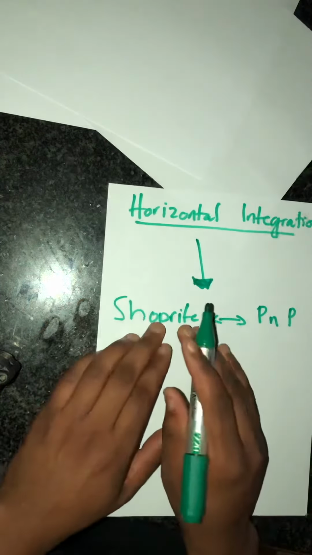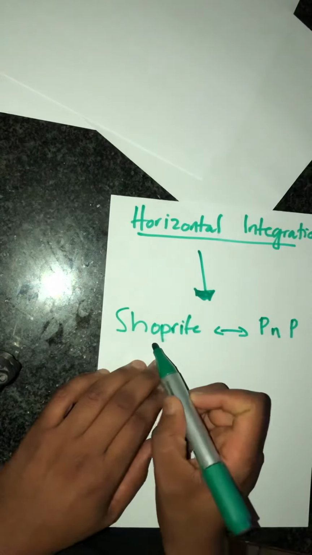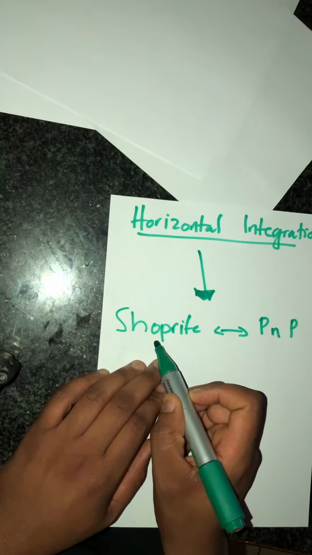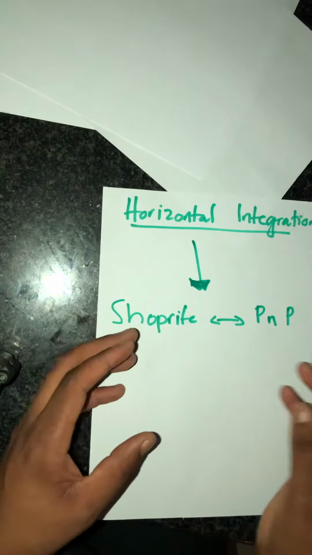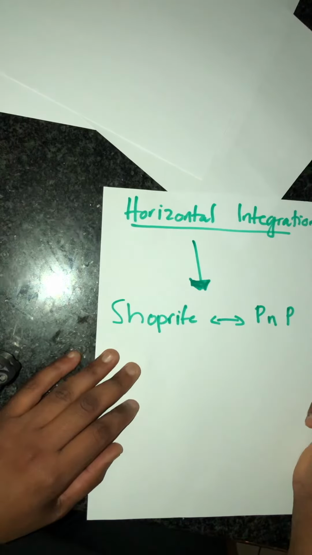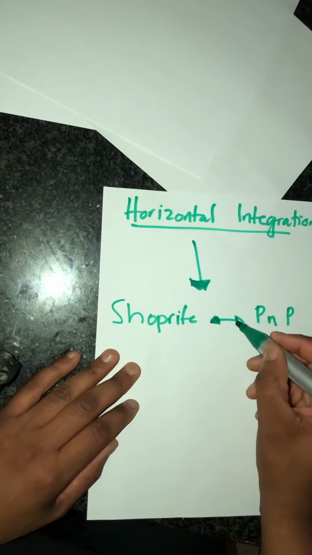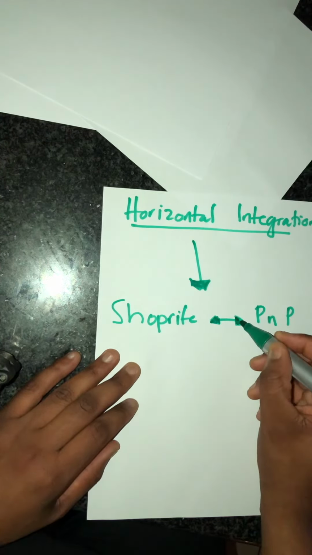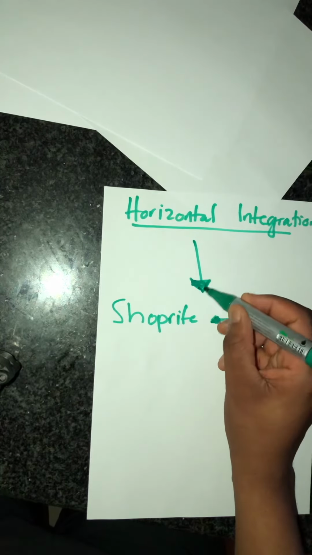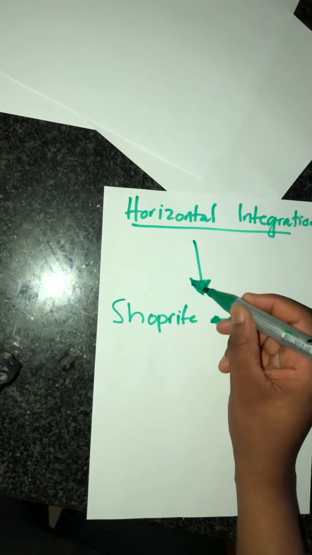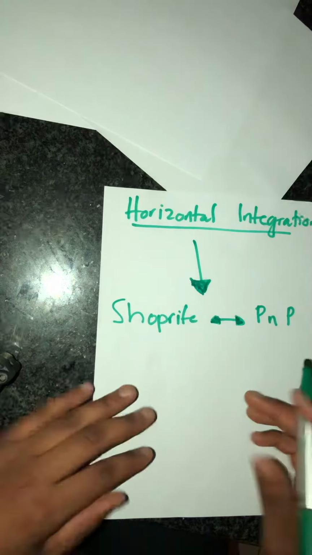So in this particular integration, it is when ShopRite decides on having an incorporation with Pick n Pay, so they can have similar prices and similar ways of advertising and everything. This brings progress to businesses because they get to share ideas and grow together.